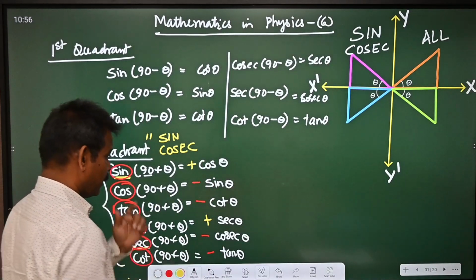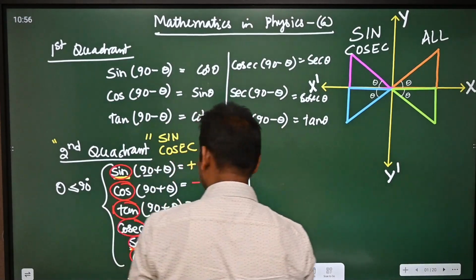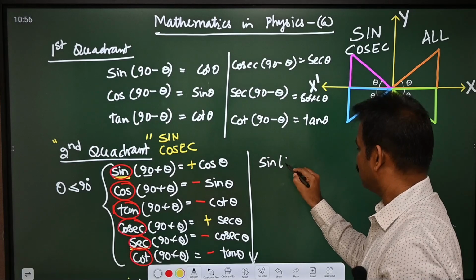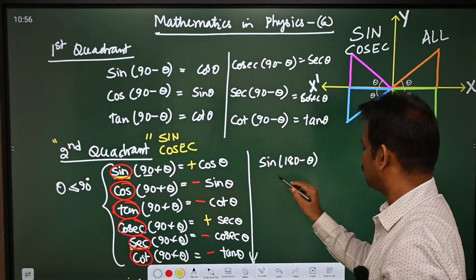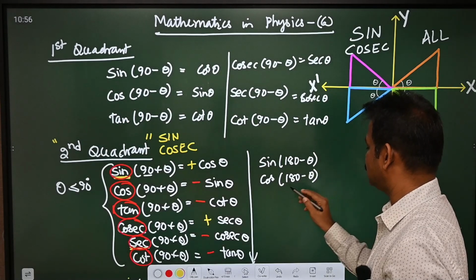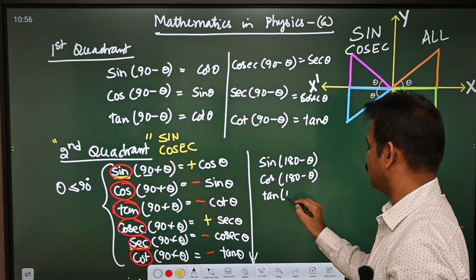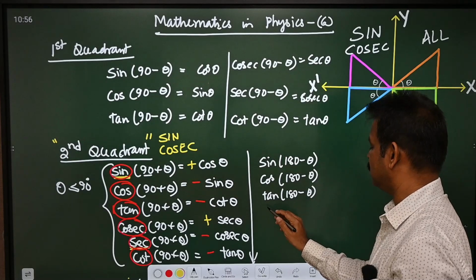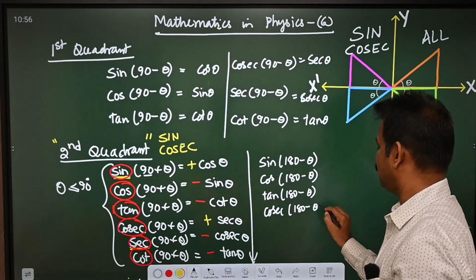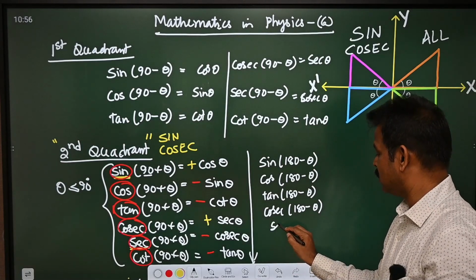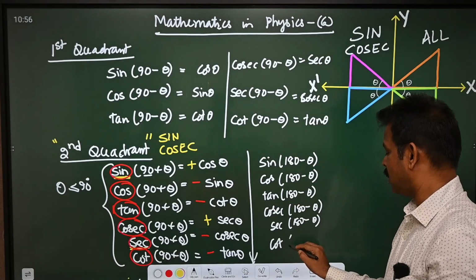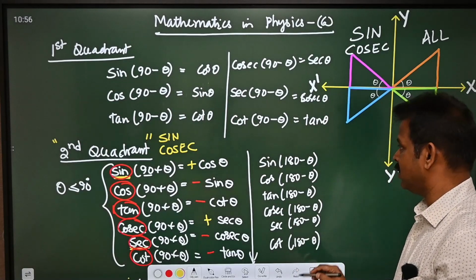So next one, not only sin 90 plus theta, even sin 180 minus theta, cos 180 minus theta, tan 180 minus theta, cosecant 180 minus theta, secant 180 minus theta, cot 180 minus theta.